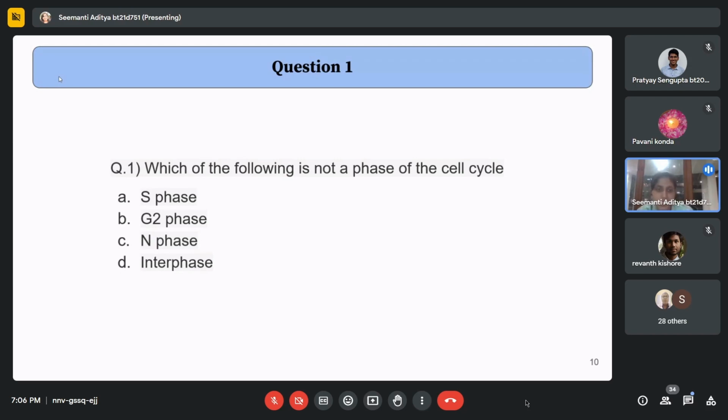That's right, N phase is not a phase of the cell cycle. We do not have anything called N phase. We only have G1 phase, G2 phase, S phase, and M phase for mitosis.